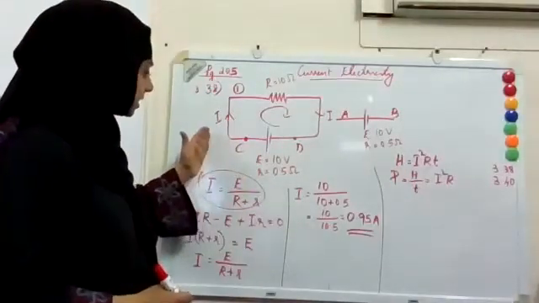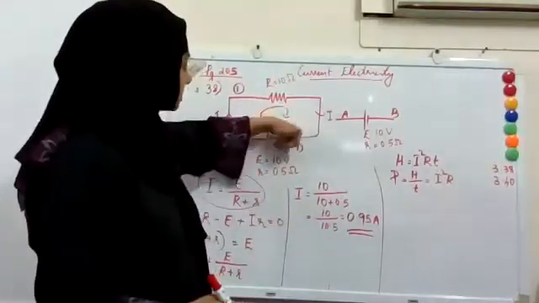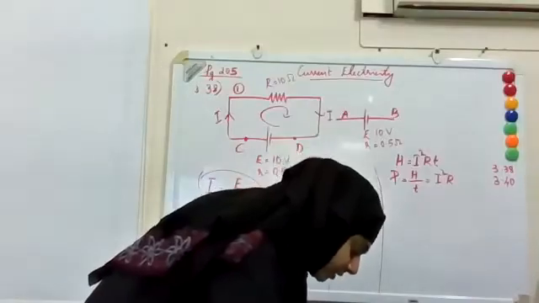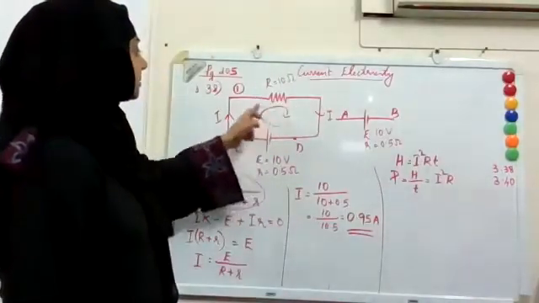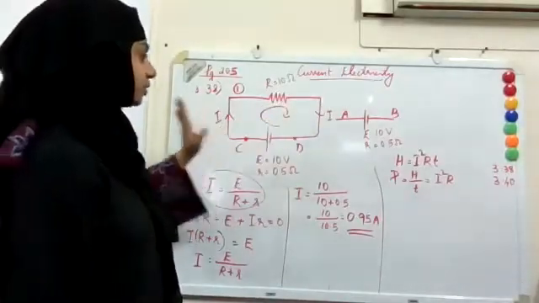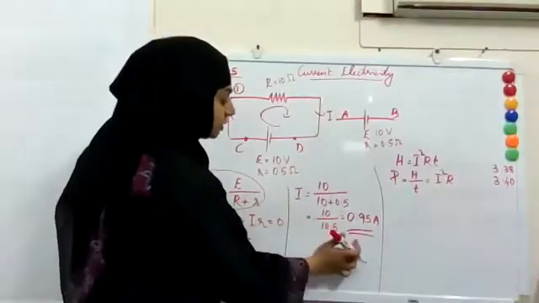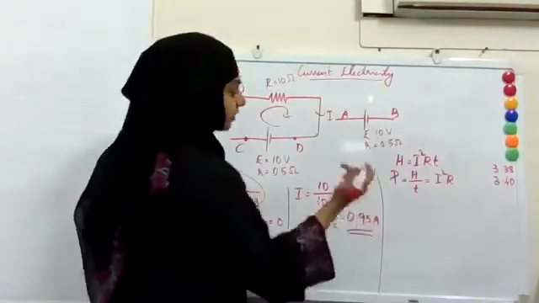What is the current I we have through the external circuit? They have asked, what is the question? Rate of heat produced in the external resistance. So through capital R, how much will be the heat produced? So we can use capital R, and I we have already found out, 0.95.